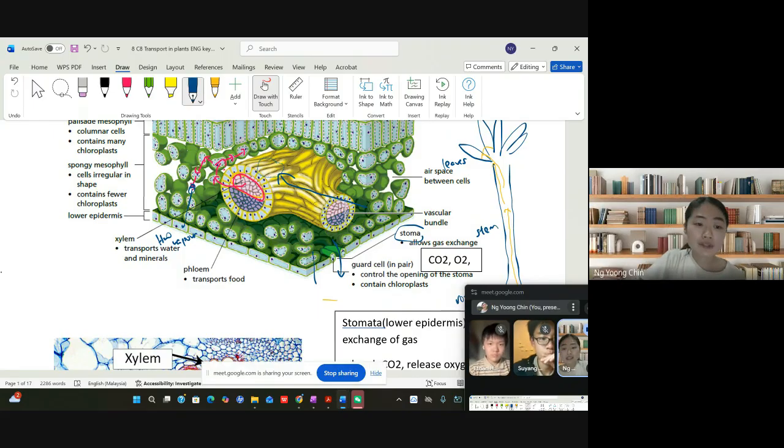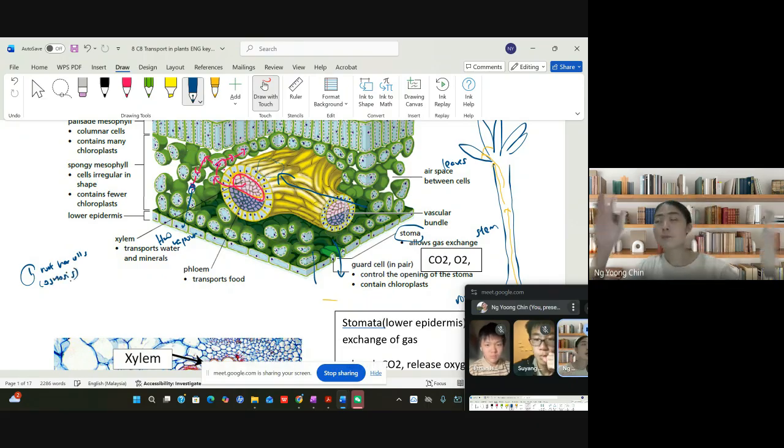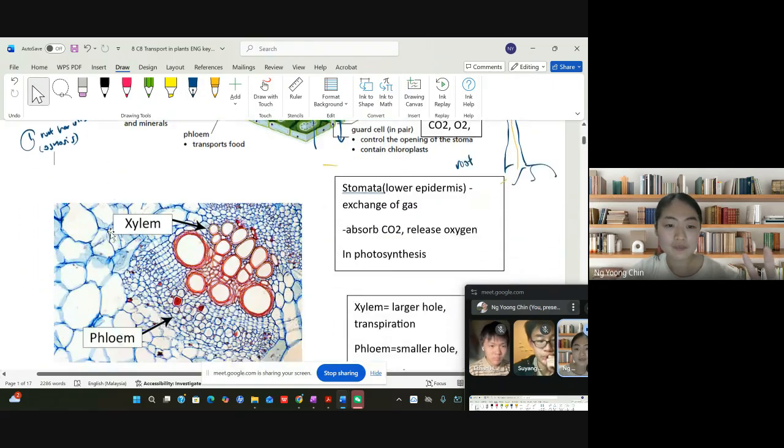Let me summarize. Starting from the root part, which is the root hair cell, the water will go cell by cell. They will pass from the root hair cell to the root cortex cell, and I think I better type it out, sorry.